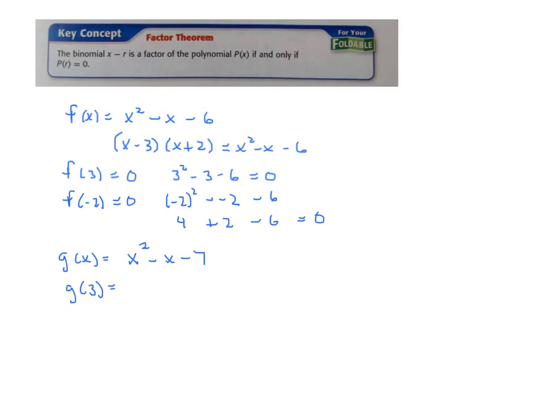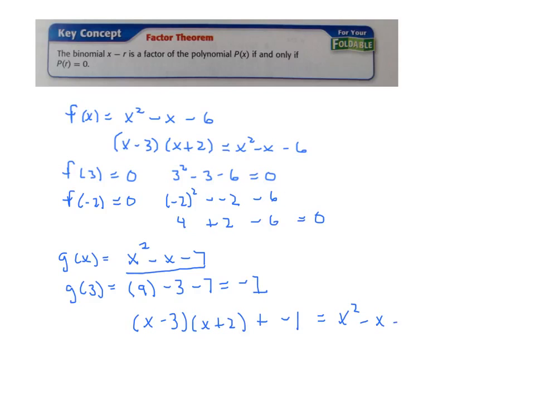So if I put in 3, I get 3 squared, which is 9, minus 3 minus 7, which is negative 1, which is what we would expect, because we know if it's x squared minus x minus 7, it would be x minus 3 times x plus 2, and then I would have to add a negative 1 in order to get x squared minus x minus 7.